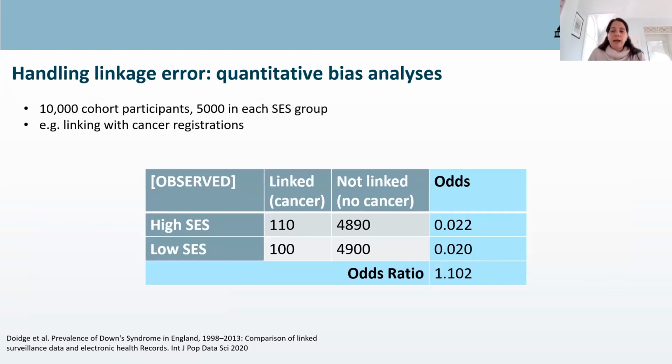So say, for example, we had 10,000 cohort participants that we wanted to link with cancer registrations, 5,000 in each socioeconomic group, so a high group and a low group. And in this case, we have linked 110 of the high SES group with a cancer record and 100 of the low SES group. So that would give us an odds ratio of 1.102.